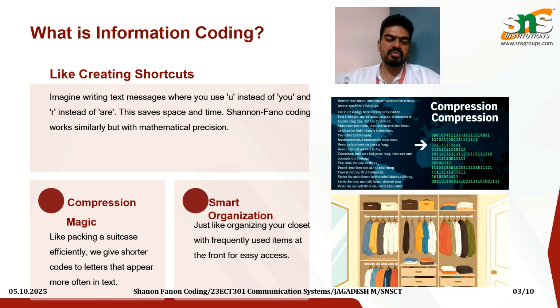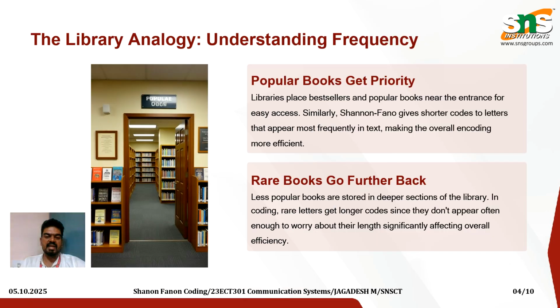That is the use of this. And compression is like packing a suitcase efficiently. We give shorter codes to letters that appear more often in text, and smart organization, just like in your closet, with the frequently used items at the front for easy access.